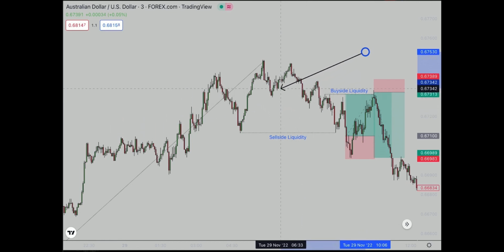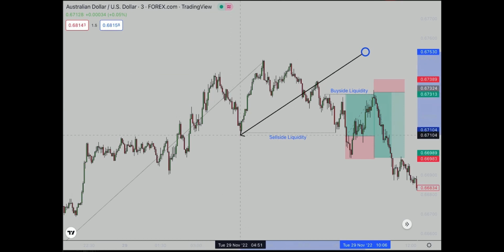So what is your real market structure shift? How do you know the market structure shift happened? When you look at the last lower high, if it gets taken out like it did here, you should change your bias to bearish, which means you're not looking for longs, you are looking for shorts.